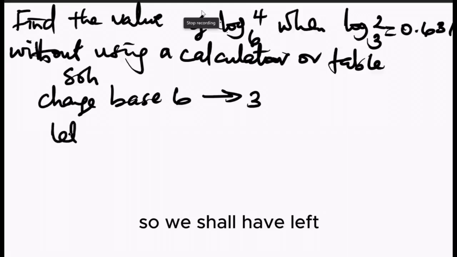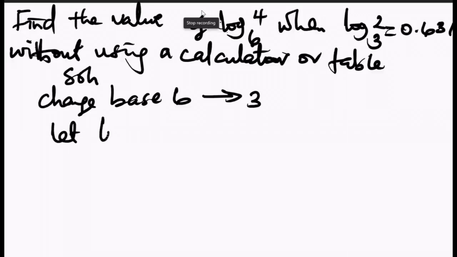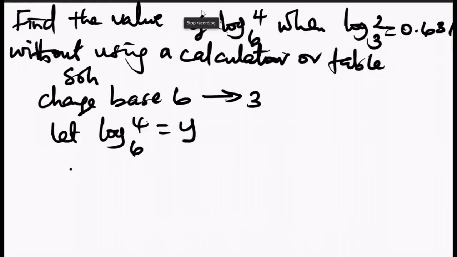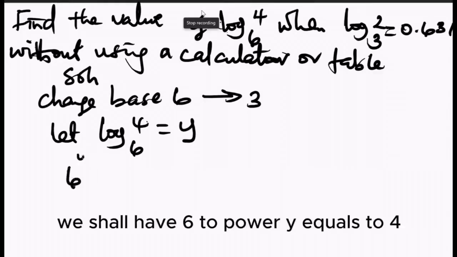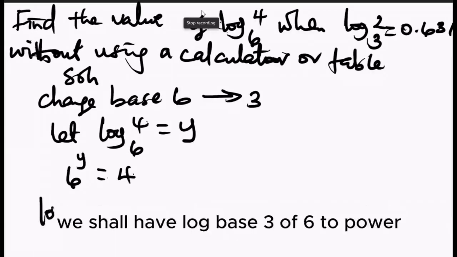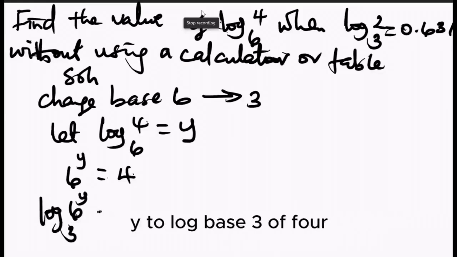Let log base 6 of 4 equal y. We shall have 6 to power y equals 4. Introduce log of the new base 3 on both sides. We shall have log base 3 of 6 to power y equals log base 3 of 4.